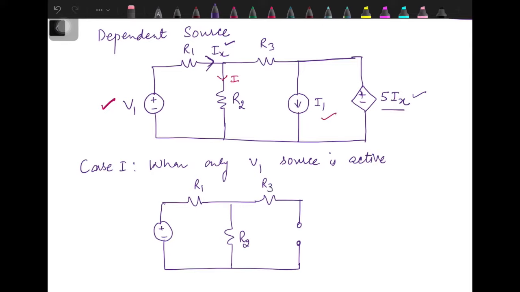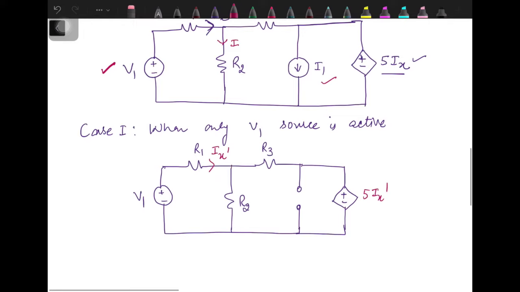Infinite means open circuit. And here we have a current dependent voltage source. Now in initial case, what we have seen that this current is Ix. When there is change in circuit configuration, obviously there is change in this current Ix. Let's denote it as Ix dash. So that will be reflected over here as 5Ix dash.